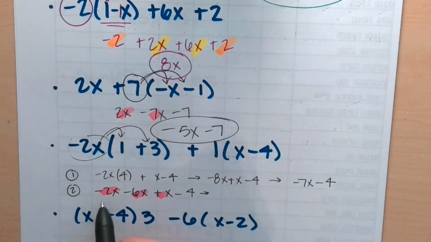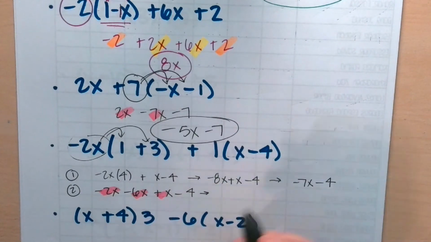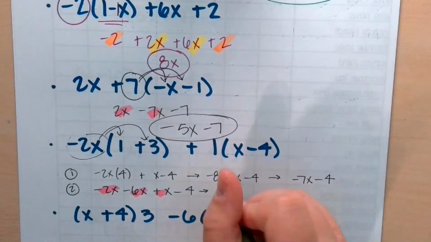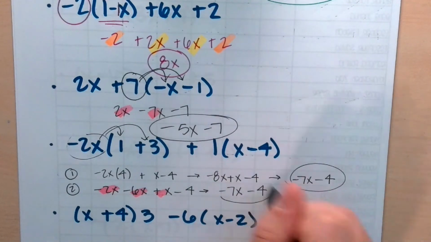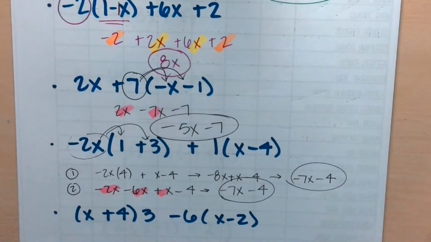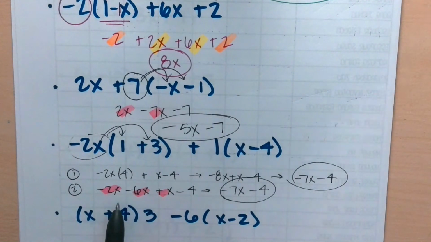So -2 minus 6 gives us -8, plus 1 gives us -7x minus 4. So as you can see, you get the same answer. Doesn't matter which way you do it. Typically, I tend to do it the second way and just distribute everything, because that's always like my first move usually, but whatever works for you.